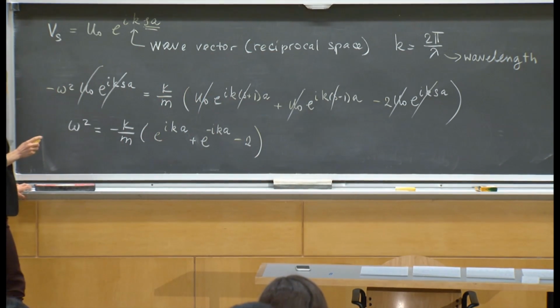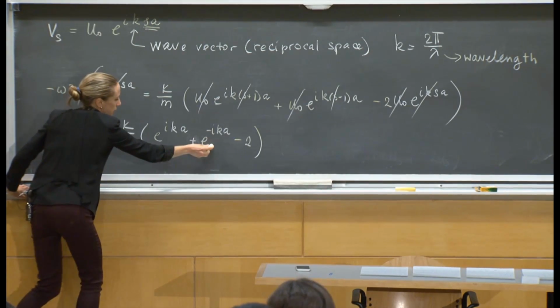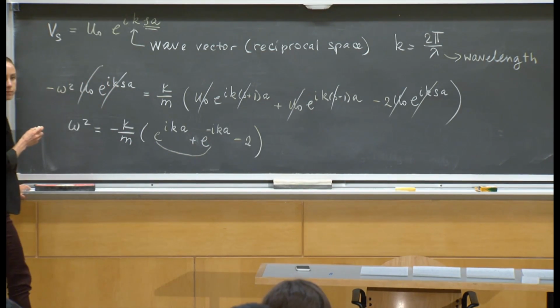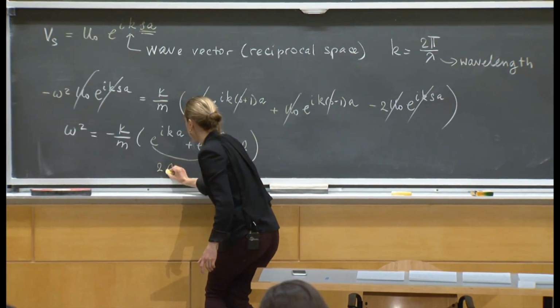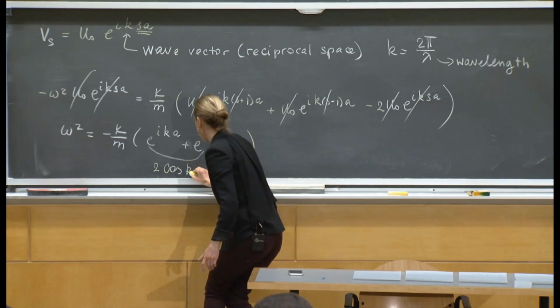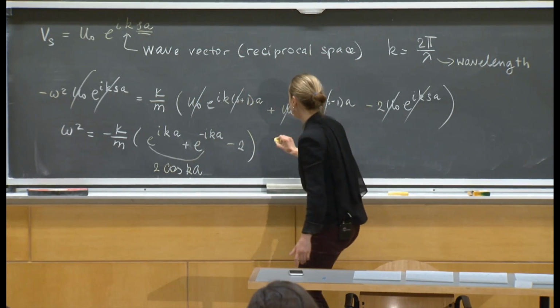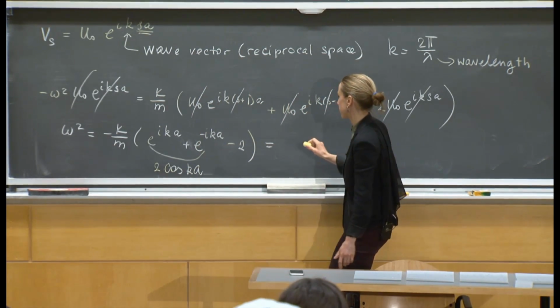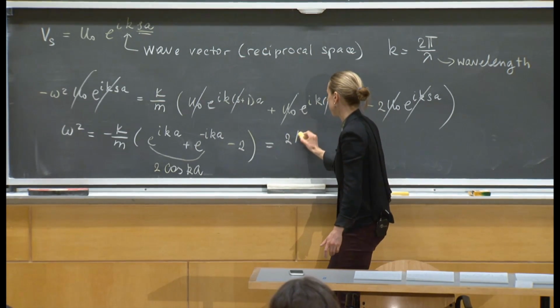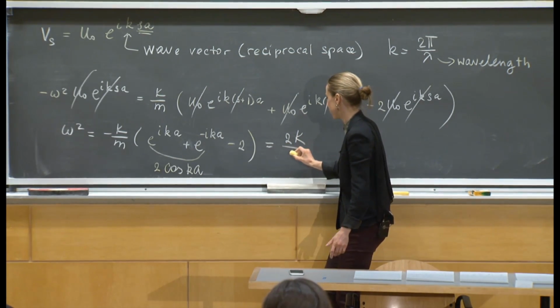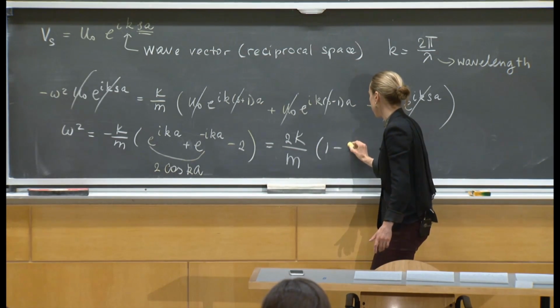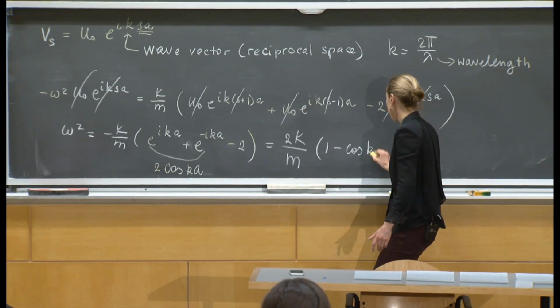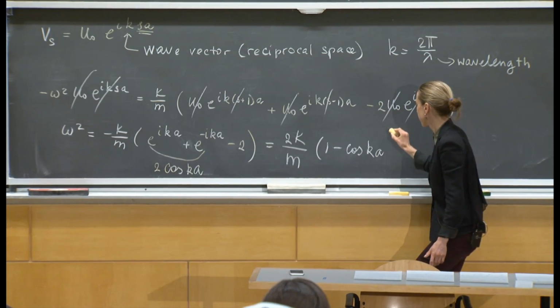Okay? And what is this here? 2 cosines. Great, so this is our 2 cosine k a. So we can write it in terms of 2K, big K, don't confuse, over m, and 1 minus cosine little k a.